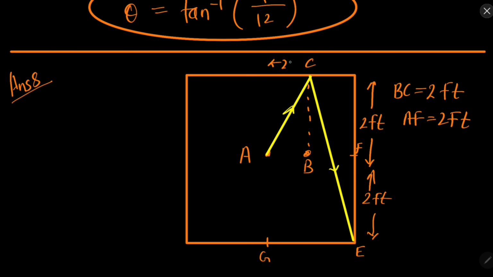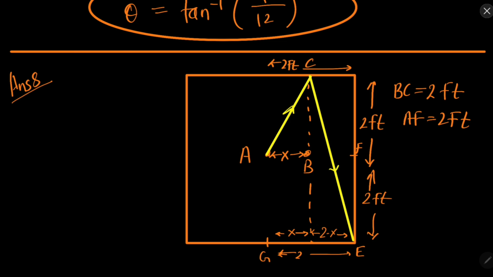This much distance is 2 feet. Now let's assume that the distance between A and B is x, and so this distance will be 2 minus x, because the complete distance is 2.